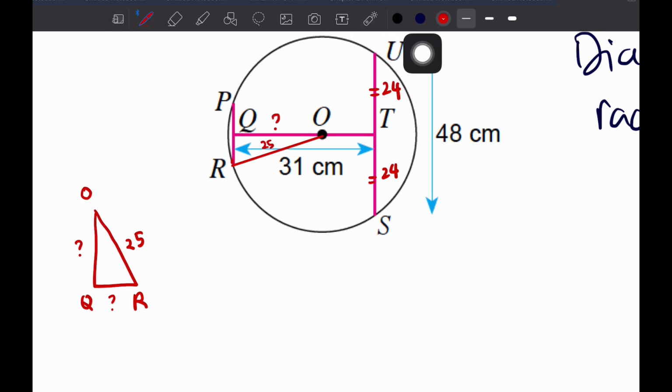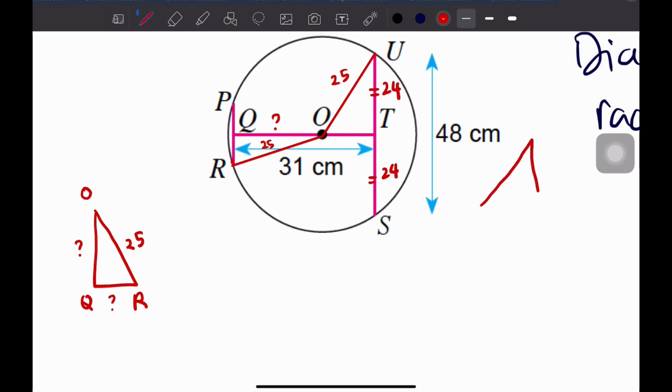This part can be the radius, which is 25. And then we can find OT, right? So find OT first. I draw this part.